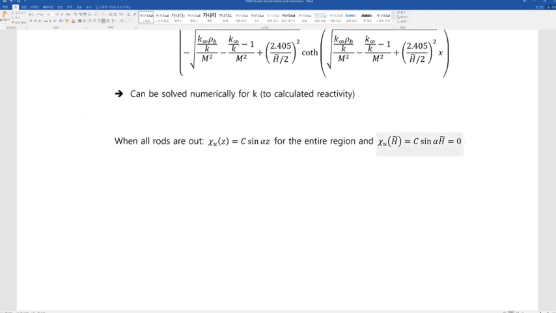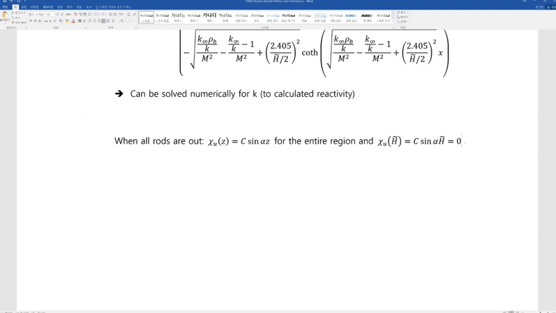So in that case, the solution should be identical to the case when we do not have control banks.